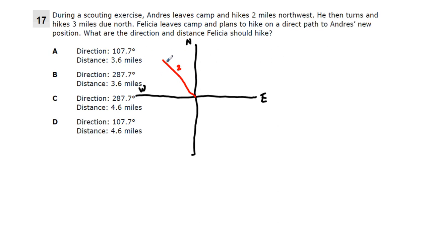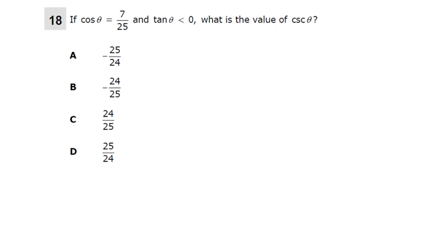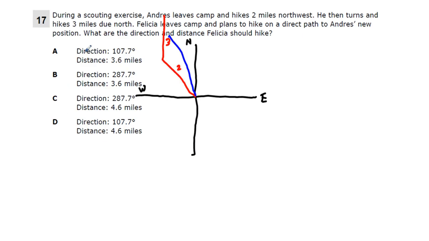He turns and hikes 3 miles due north. So here's another 3 miles north. And so what direction and distance should Felicia take? Felicia is going to be going straight through like this. I'm going to draw from here. So this is Felicia, what I'm trying to draw here in blue.